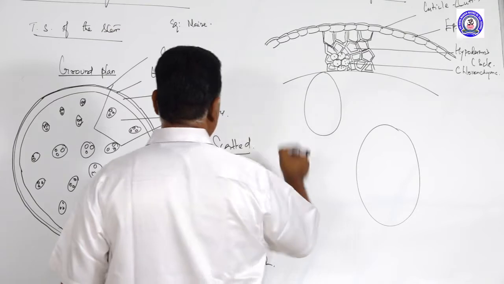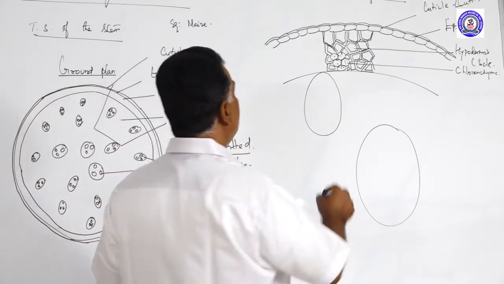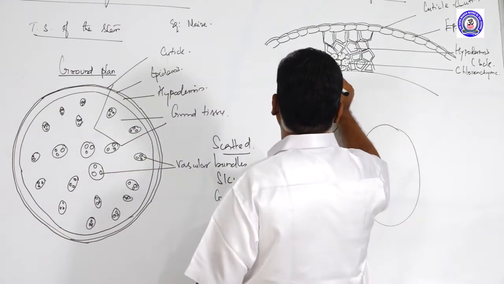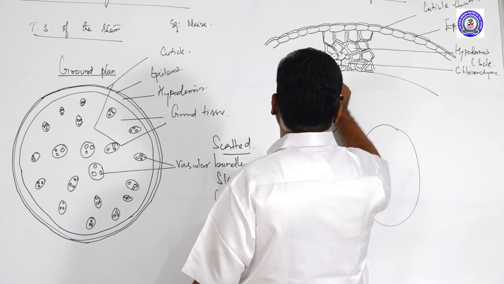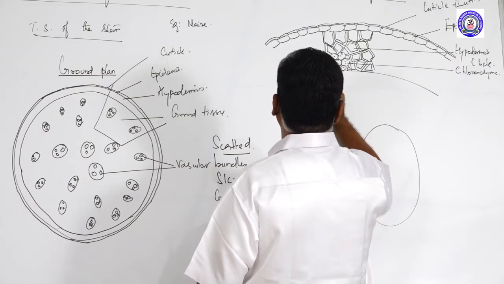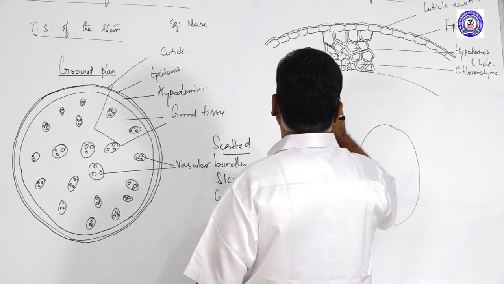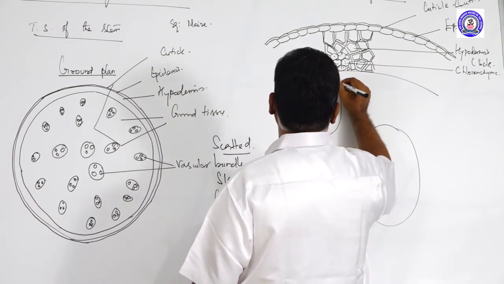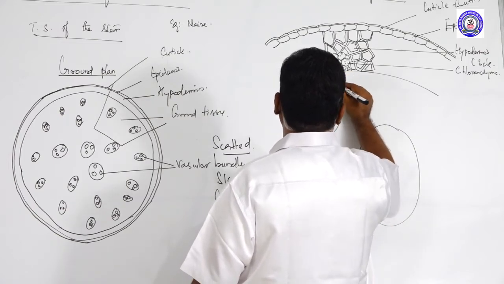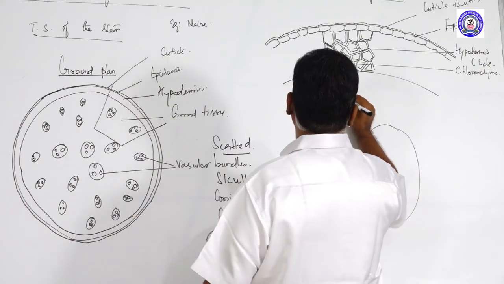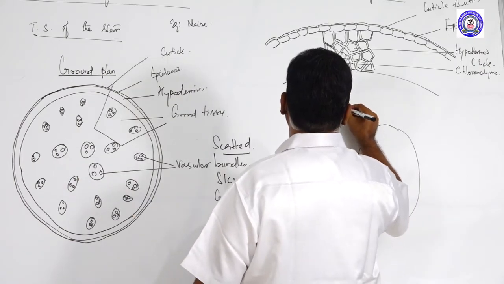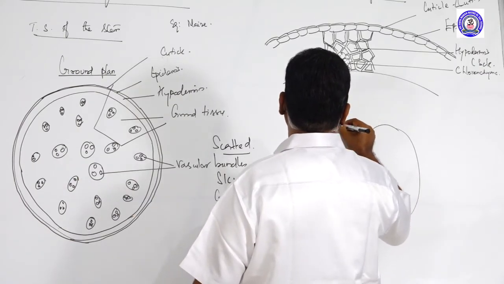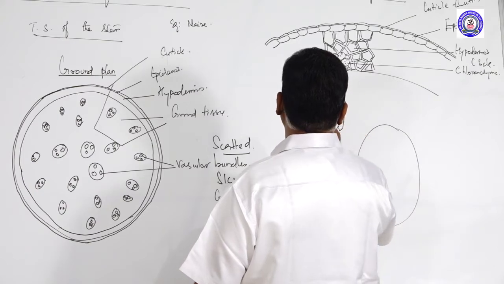If you understand these things, it will be clear. And each vascular bundle is covered by a sheath of sclerenchyma. So bundle sheath. Here the bundle sheath is made of sclerenchyma cells. We should understand that first. But in dicot, such a demarcating structure is not found.